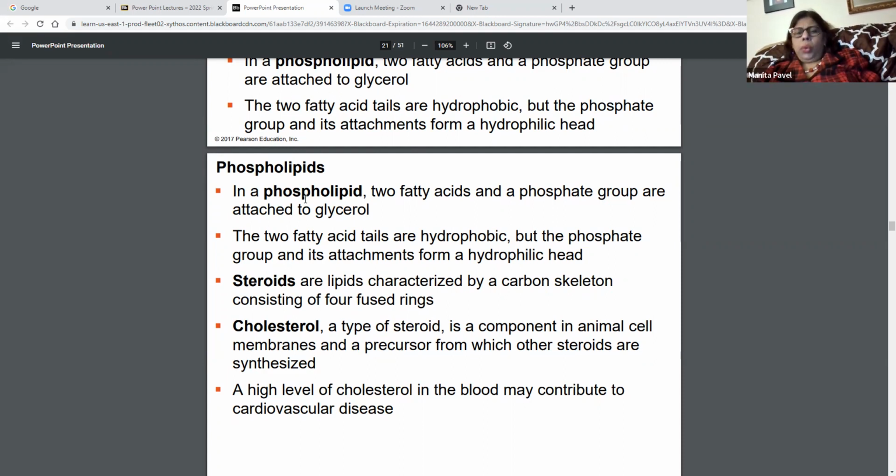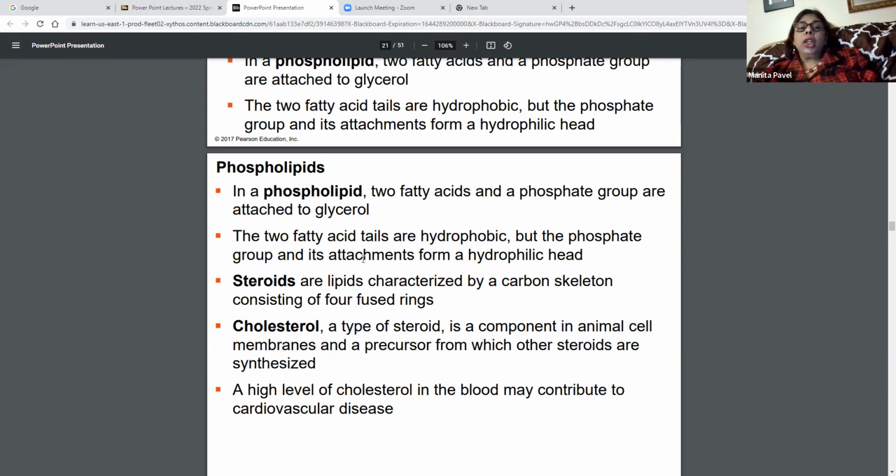So when you look at a phospholipid, what does a phospholipid molecule consist of? A lipid has 3 fatty acids and 1 glycerol. But instead of the third fatty acid, you'll have 2 fatty acids and the glycerol molecule, which is attached to a phosphate group. Now, the 2 fatty acid tails are hydrophobic. We learned the words hydrophobic and hydrophilic, meaning they fear water.